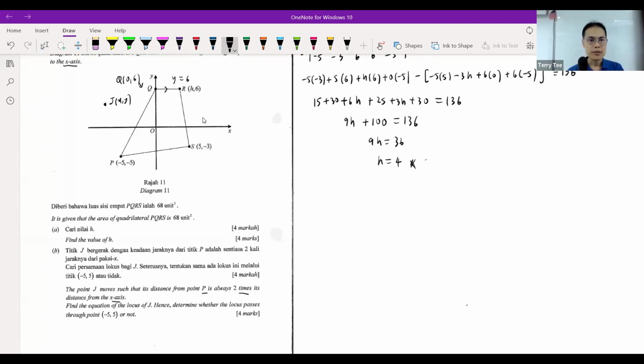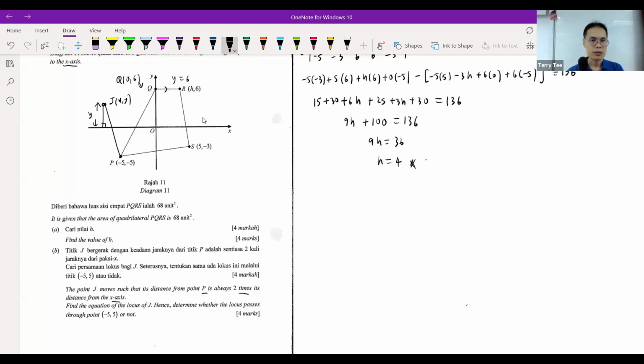Now, the distance of J from P is always twice its distance from the x-axis. The distance from the x-axis, we have to take the perpendicular distance. So the perpendicular distance here is your y value, which is your y coordinate, right?